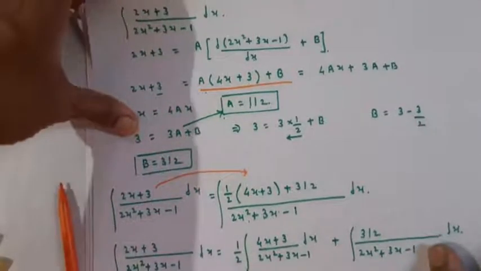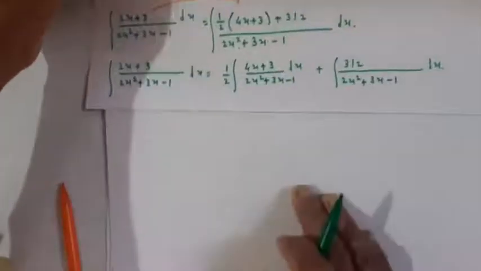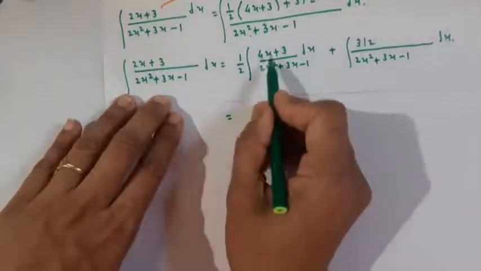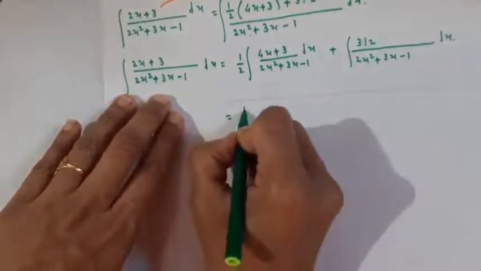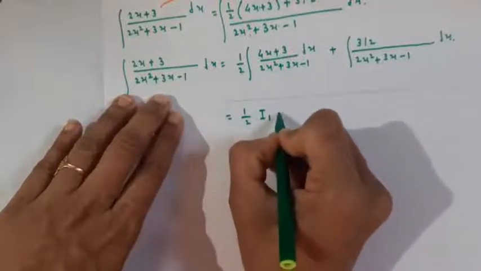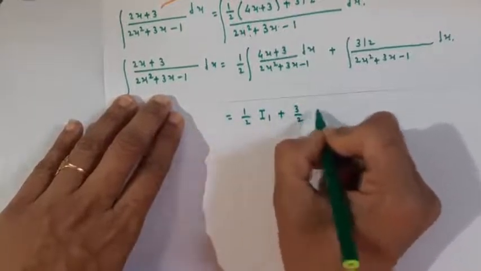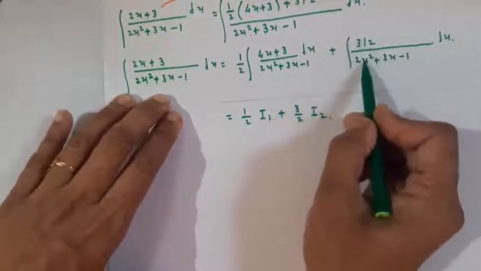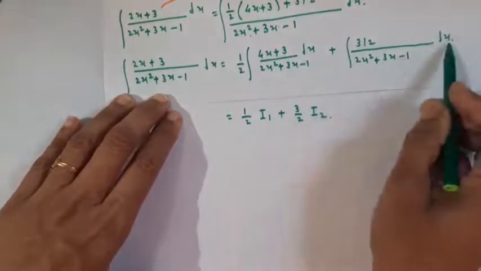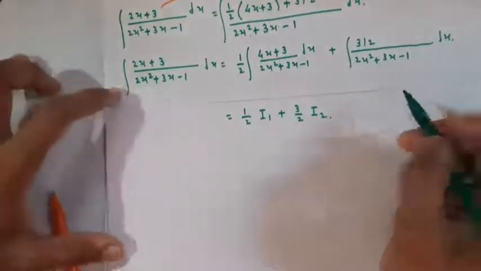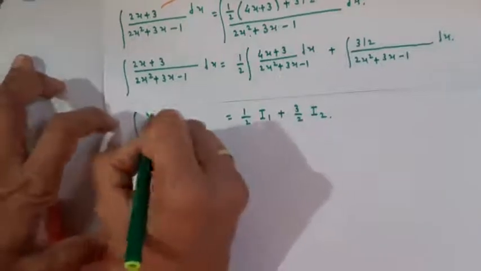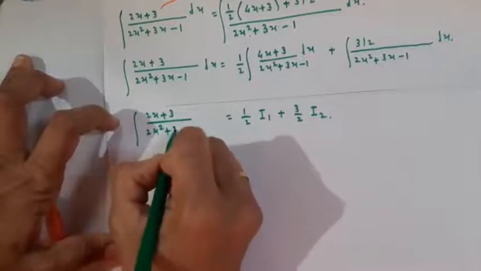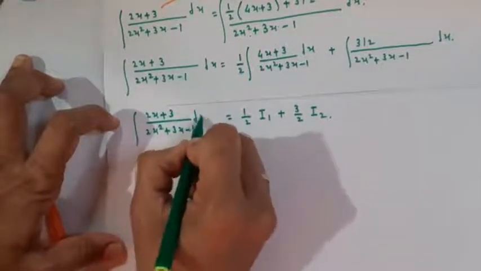Okay students, and now this is equal to 1/2 I1 plus 3/2 I2, 3/2 outside, and 1 upon 2x square plus 3x minus 1 with respect to x is the I2.